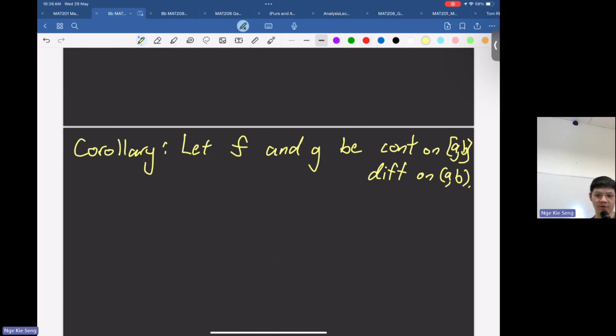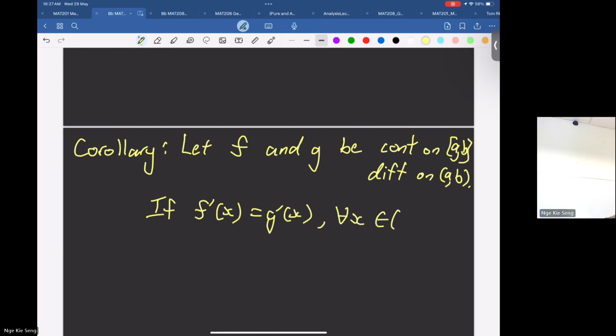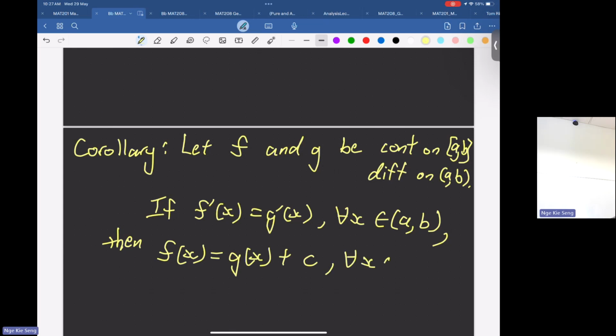We throw away the endpoints when we consider differentiability. If f prime x equals g prime x for all x in the open interval AB, then what? Then fx and gx just differ by a constant, for all x. Okay, so this is a corollary.